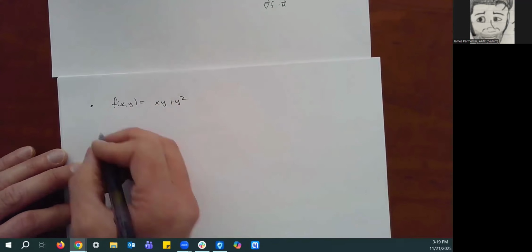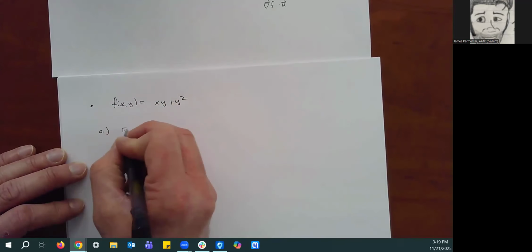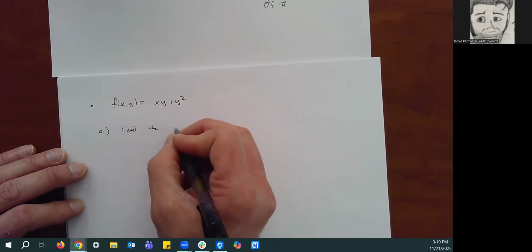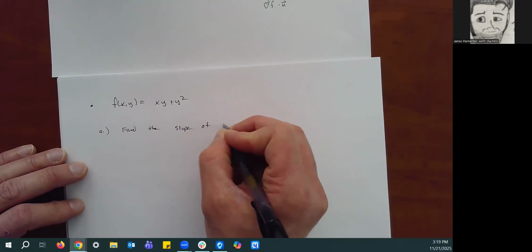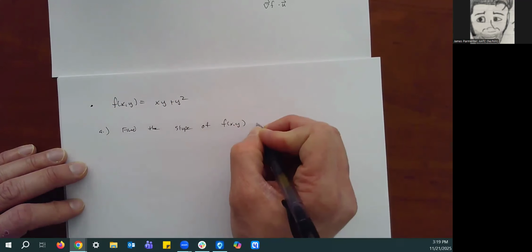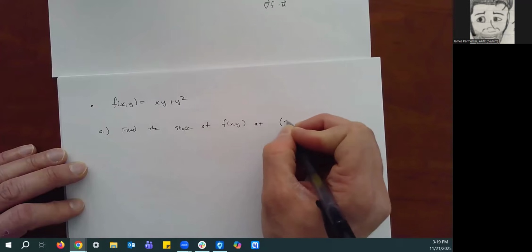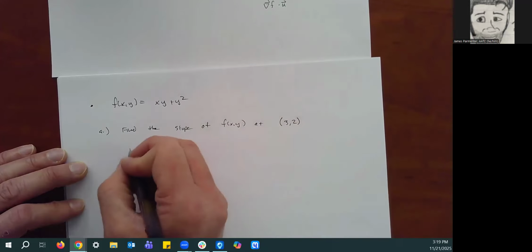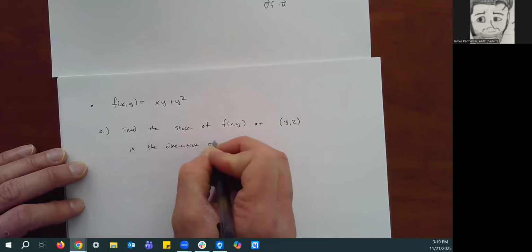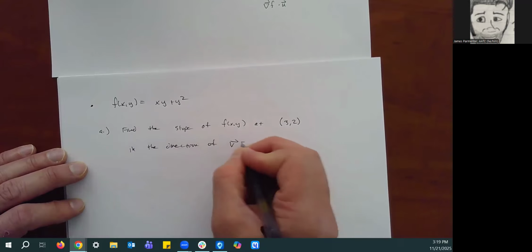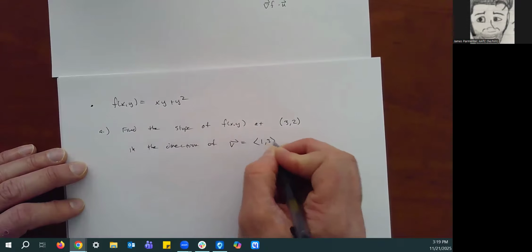And we want to first find the slope of your surface at the point (3, 2) in the direction of the vector v = <1, 3>.